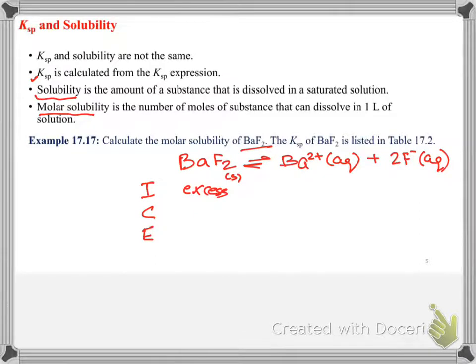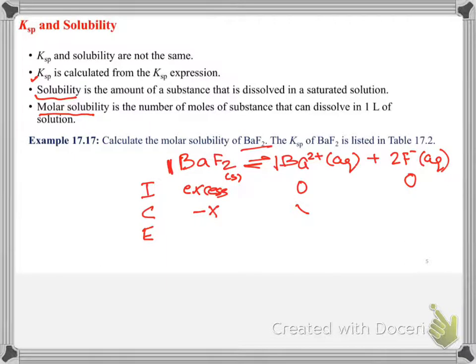Now initially, you do not have any ions. Let's say X moles of BaF2 are dissociating to form these ions. Make sure the barium fluoride to barium ion ratio is 1:1.